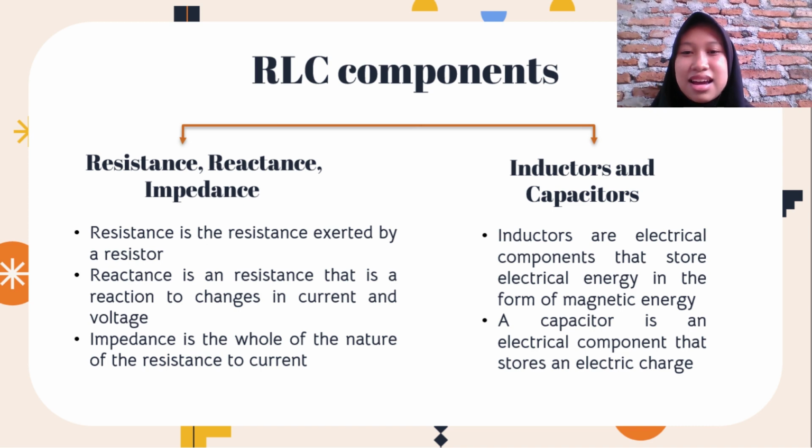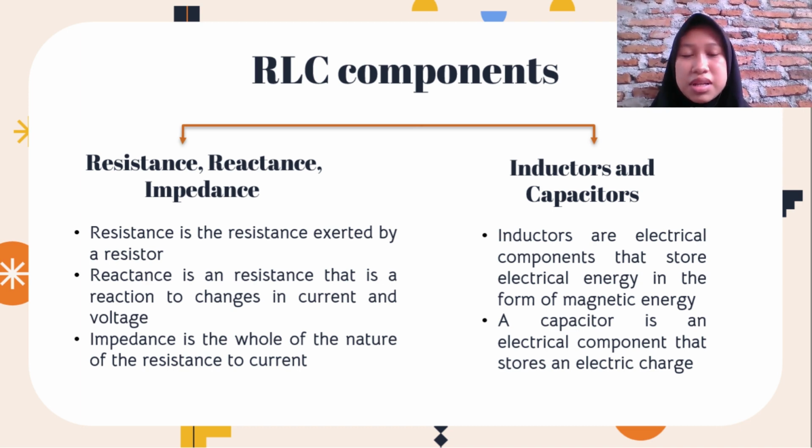Resistance is the resistance exerted by a resistor, and reactance is a resistance that is a reaction to change in current and voltage. And impedance is the whole of the nature of the resistance to current.